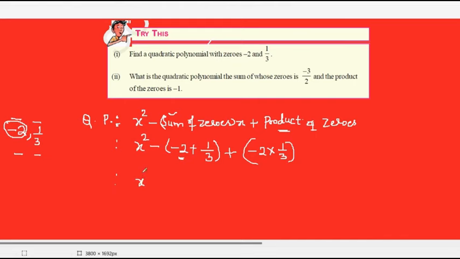So it can be represented as x square minus 2 plus 1 by 3 is nothing but minus 5 by 3, and plus into minus is minus, 2 into 1 by 3 is 2 by 3. So this can be written as, I forgot to mention x here, students. So minus into minus is plus 5 by 3 x minus 2 by 3 is a quadratic polynomial with zeros minus 2 and 1 by 3.